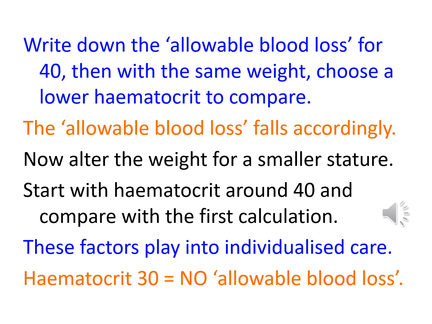Write down the allowable blood loss for 40, then with the same weight choose a lower hematocrit to compare. The allowable blood loss falls accordingly.